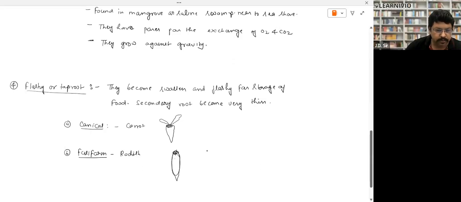This is a fusiform structure, and the secondary roots come out from here. Same thing here, secondary roots, right? Conical, fusiform, and napiform.